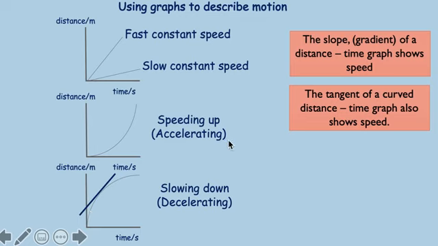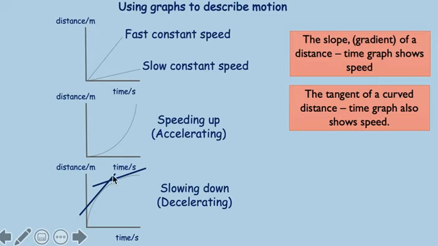And what I mean by tangent is something like that. So a tangent, I'd take that point there and I'd draw a straight line, as if that line just carried on at that point, straight up and at that angle, that's the tangent just there. So if I drew that tangent there, then I could work out the gradient there. I could find the speed from working out the gradient of the tangent.